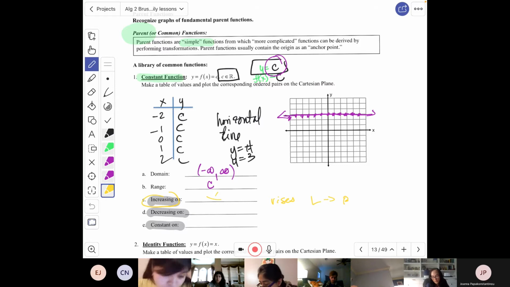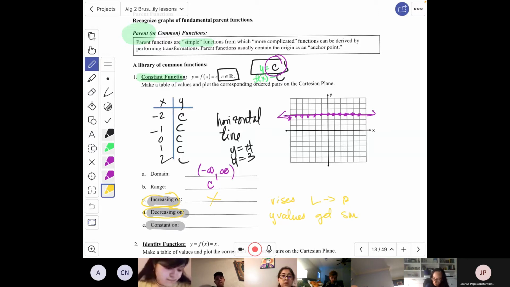Now, based on what I said about what it means for a function to be increasing, is it decreasing? Well, what does it mean for a function to be decreasing? The y values decrease, get smaller, left to right. Well, again, the y values don't change for the constant function.